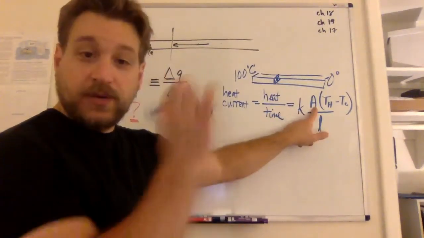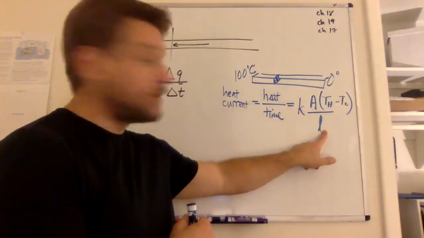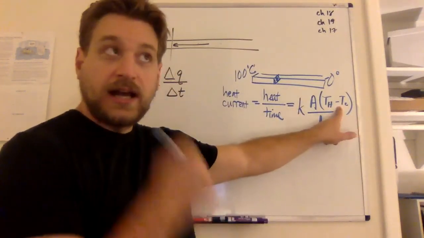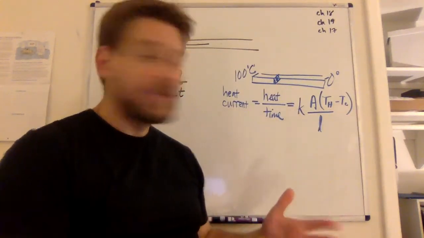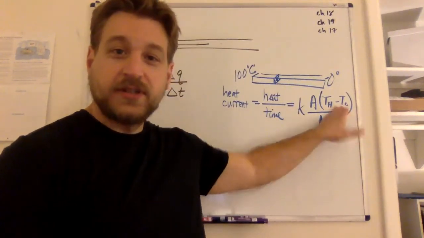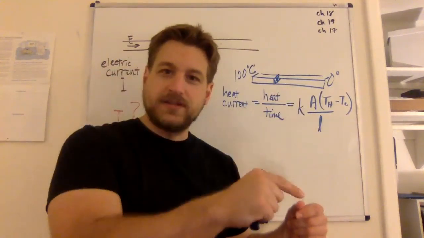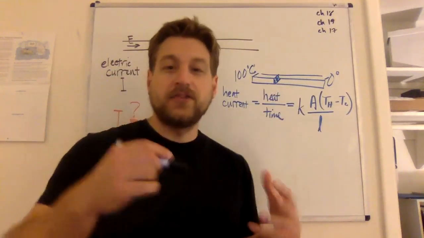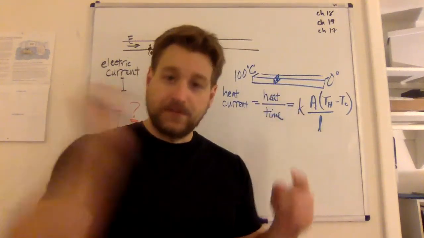I need to know how big a pipe it is and how far I'm trying to get that charge to go. And I need to know how strongly I'm encouraging it to flow. The greater the temperature difference, the more the thermal energy wants to propagate. The greater the pressure difference from one side to the other, the faster the flow.